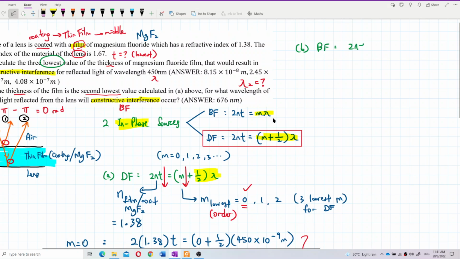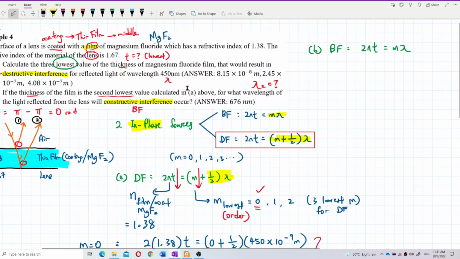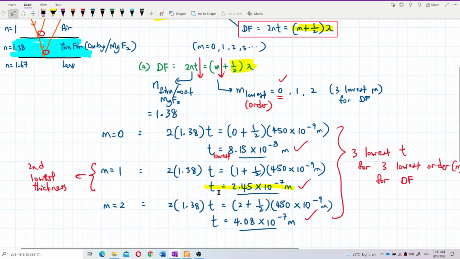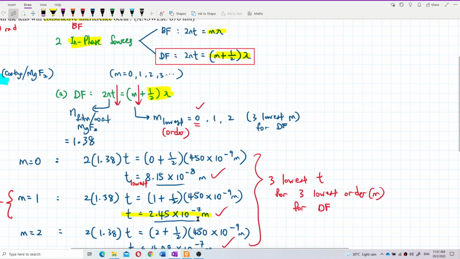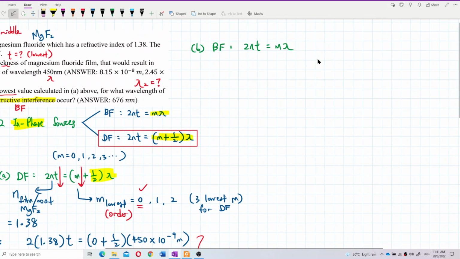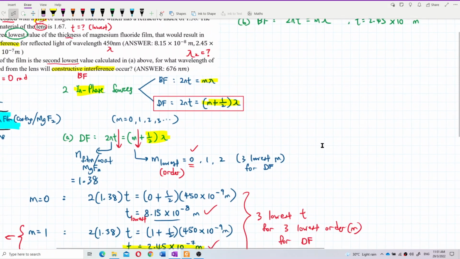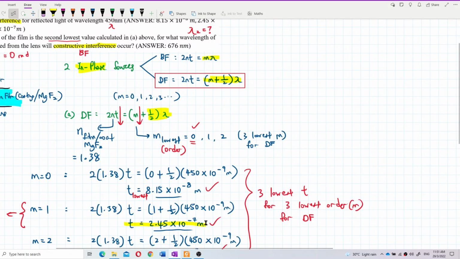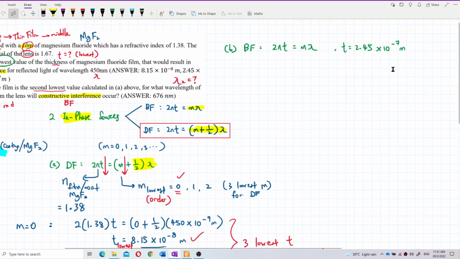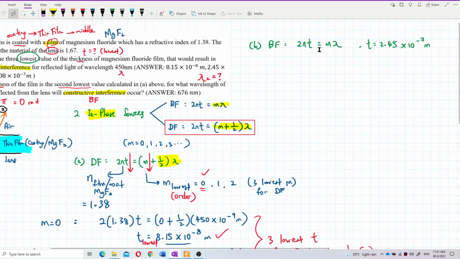So 2nt equals m lambda. Now the thickness is the second lowest value, just transfer this value, 2.45 exponent -7 meter. I got the thickness.